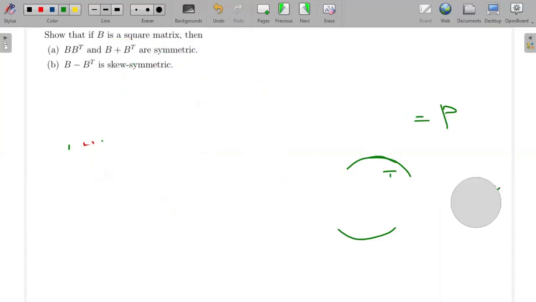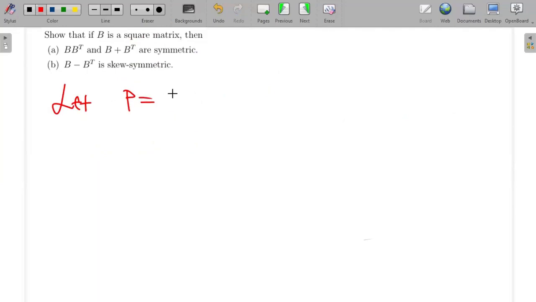Okay, so let's take a look at the other one. The other one was saying we show that B plus B transpose is symmetric. So there we're going to say let P be equal to B plus B transpose.